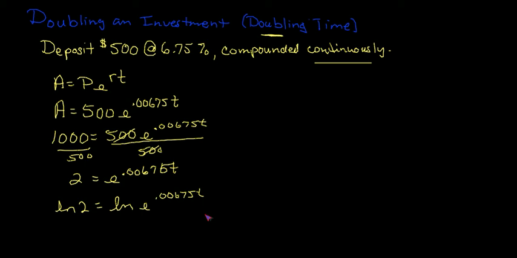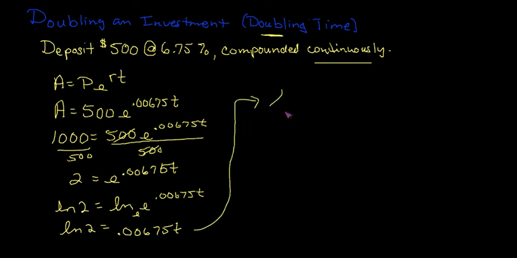Now on the left side, not much I can do with that other than say natural log of 2 again. On the right side, because this is base e, our bases match, so the exponent is our solution to the right side. So we get 0.00675 t. Alright, I'm going to move this up so we have a little more room to work with and just recopy it. So no math happening here, just cleaning up a little bit. And again, mathematically, I want to isolate t.